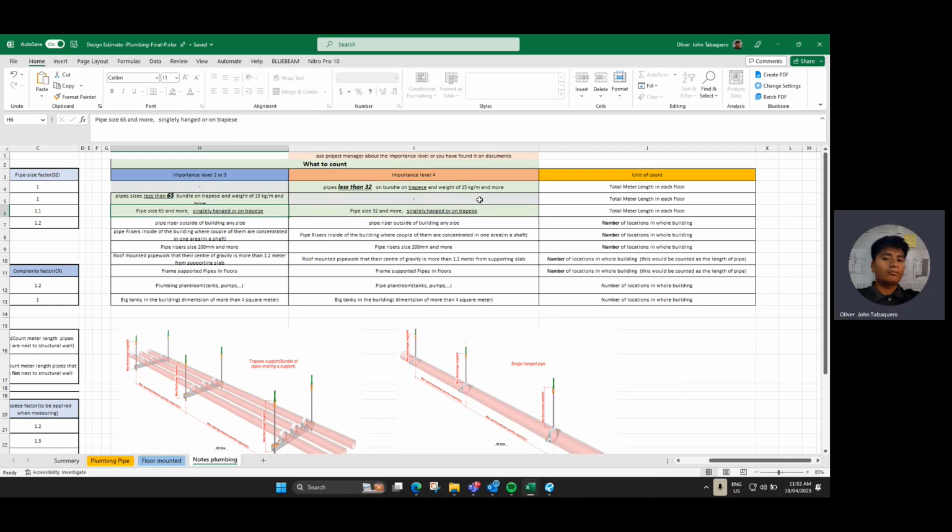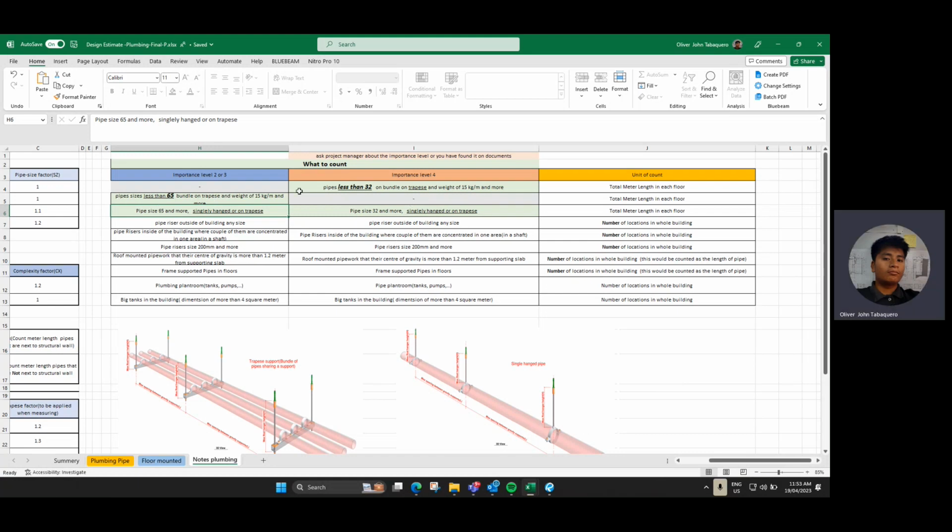Even if they're small, the size doesn't matter anymore since they are sharing a trapeze, and you have to consider that group of pipes. If they are bundled, just remember that the weight is prioritized over the size of the pipes. You check if it is more than 15 kilos. If it's more than 15 kilos, you have to count them.